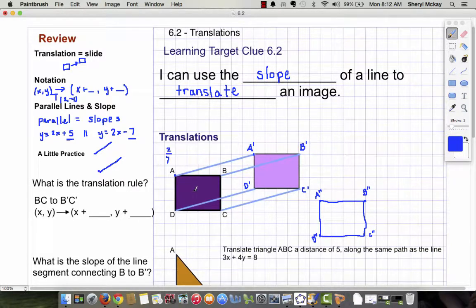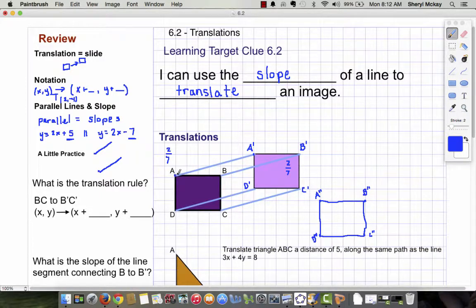What is the slope of B to B prime? Well, you might have known right away, or you might have needed to count it. So if you counted it, you would have gone up 2 and over 1, 2, 3, 4, 5, 6, 7. So it's 2/7. You getting a picture here? What do you notice about these lines?